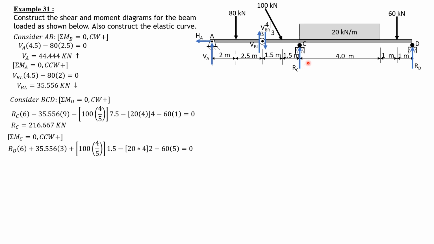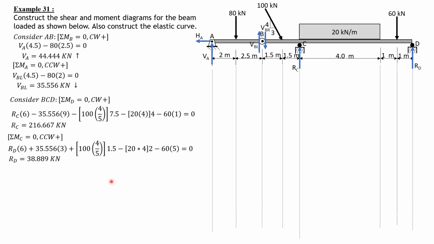Then minus 20 times 4 times 2 minus 60 times 5 equals 0. So solving for R sub D equals 38.889 kilonewtons. So we are now ready to sketch the shear diagram and the moment diagram. So this is the shear diagram in kilonewtons, moment diagram in kilonewton meter.